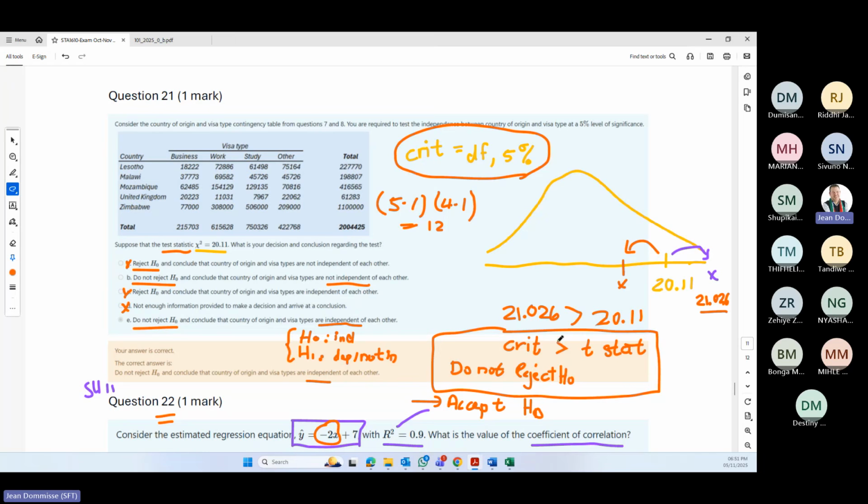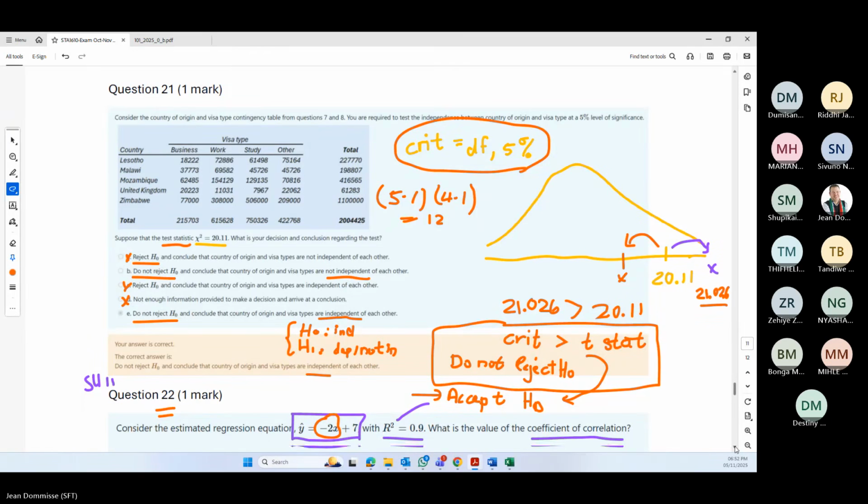So critical value bigger than the T stat, I always see it as the T stat lying within that number. I'm happy, I accept the null hypothesis, but the other way to say it is I do not reject the null hypothesis.